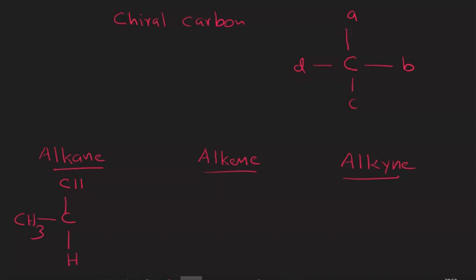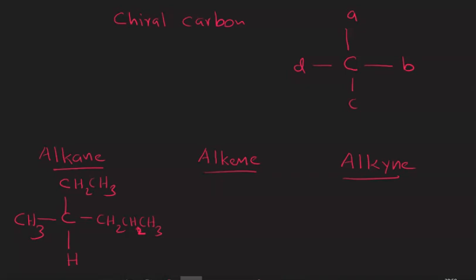We cannot put CH3 again because chirality won't be achieved if we put CH3 again. Now our next bet is on CH2 CH2 CH3, the propyl group. Okay, so here you can see in this carbon atom four different groups are attached, right?